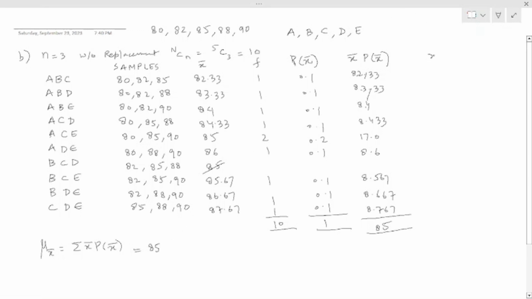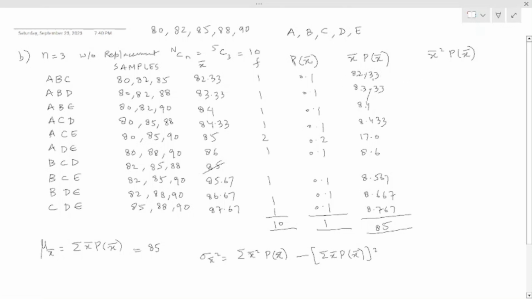Now to get the variance of the random variable x bar computed, following the formula sigma of x bar squared, that tells us that first we need to compute the sum of x bar squared times p of x bar and then subtract from that the summation of x bar times p of x bar, whole squared.